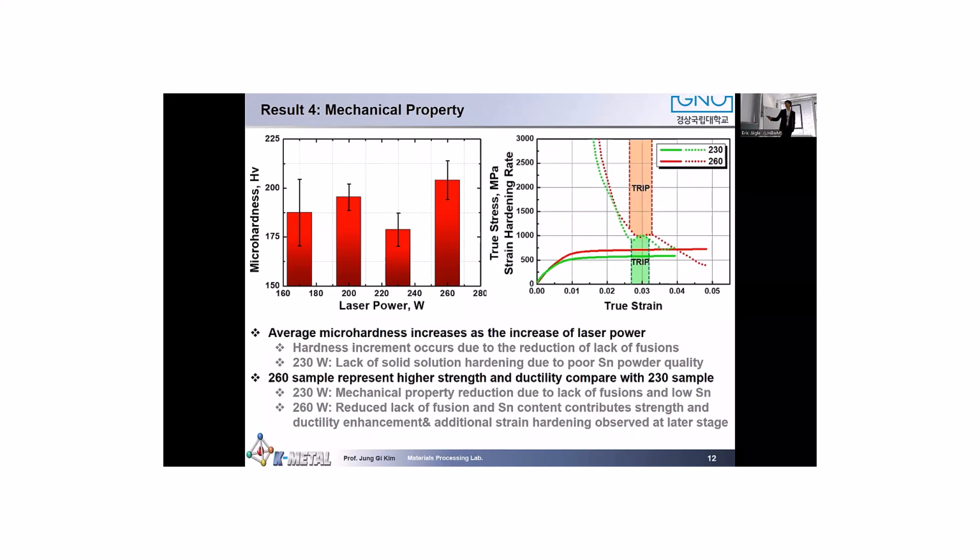Moreover, when we check the strain hardening curve, we can find some interesting behavior: the strain hardening rate increases during plastic deformation, which is usually known as the TRIP behavior.